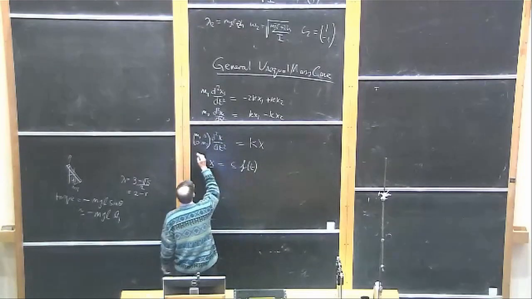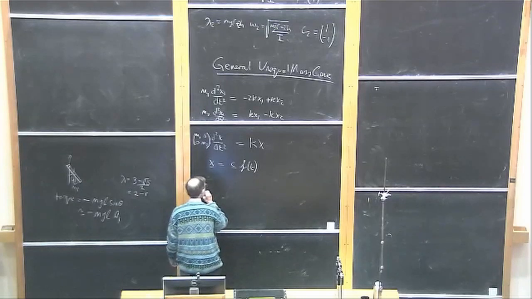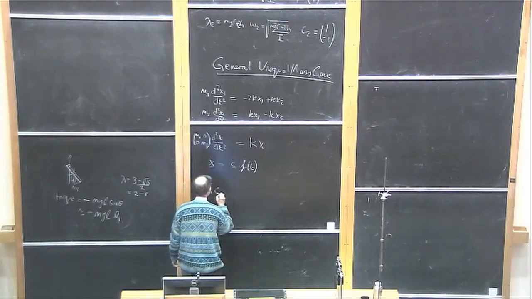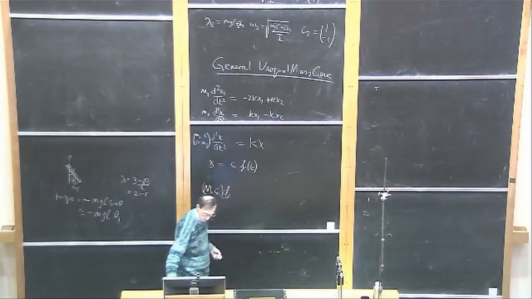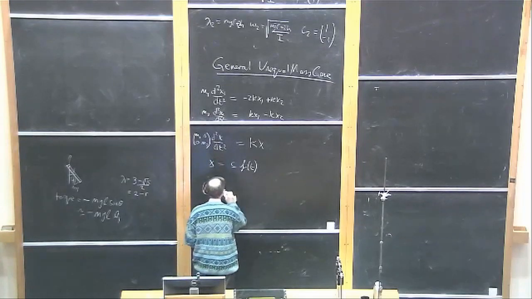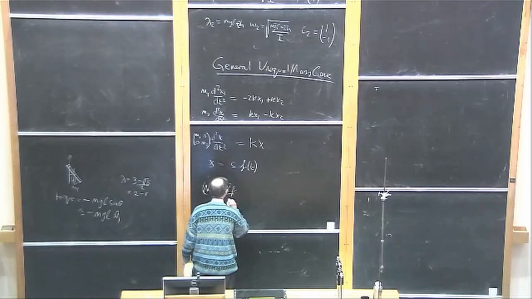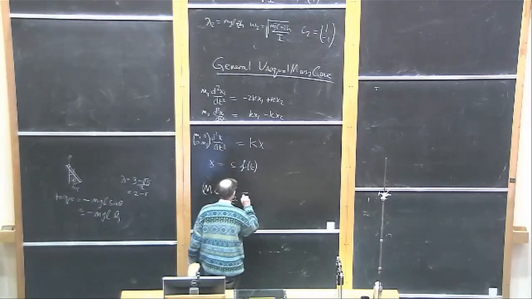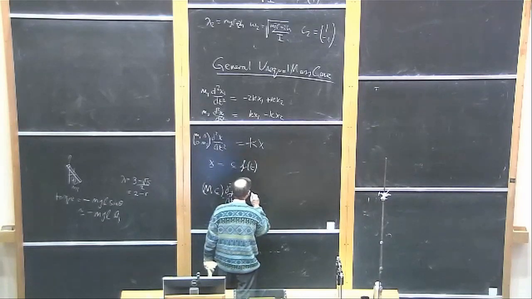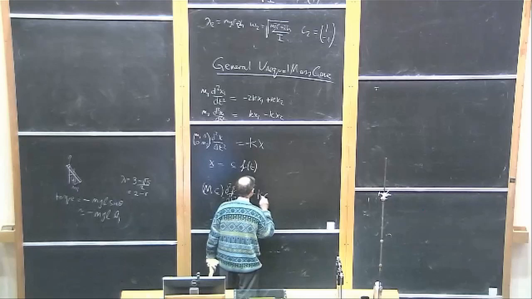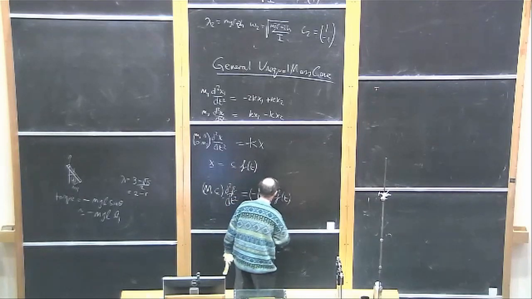I'm going to call this matrix here capital M. So that reads M C d2f by dt squared equals, sorry, that's minus kx, minus K C times f of t.